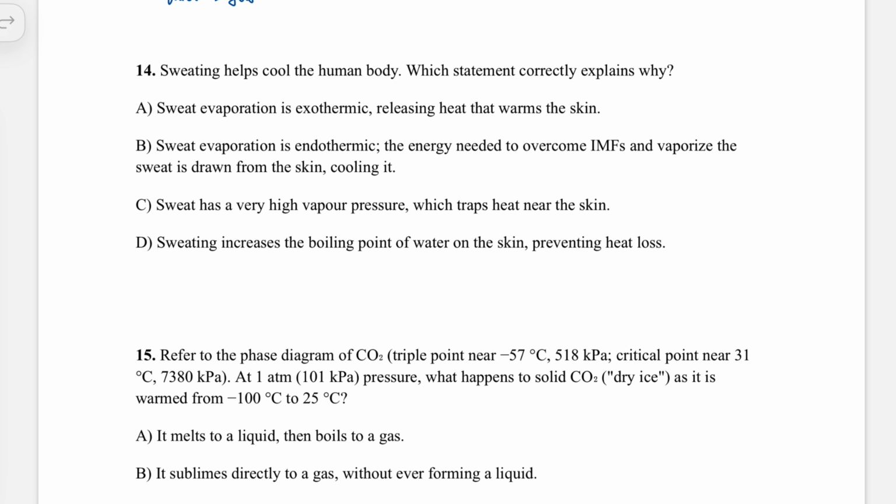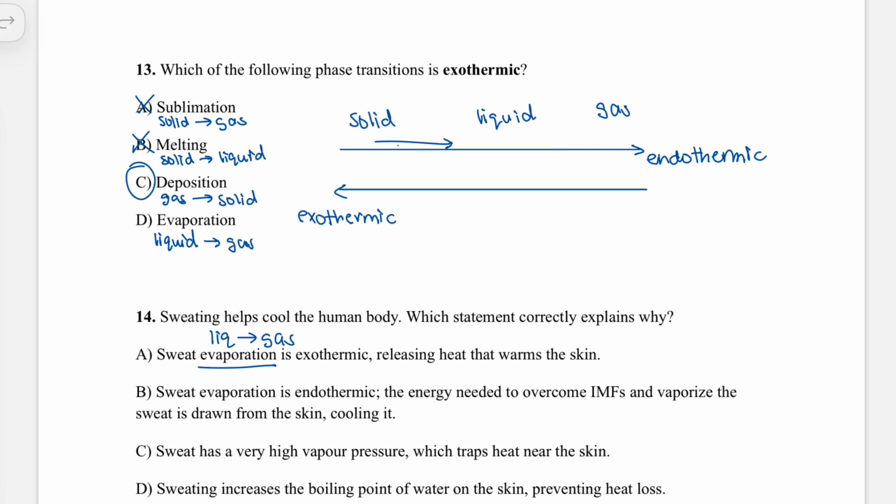Question 14. Sweating helps cool the human body. Which statement correctly explains why? A, sweat evaporation is exothermic, releasing heat that warms the skin. So let's look at evaporation. We just talked about this in the last question. Evaporation is liquid to gas. And as we said, when it moves this way, it becomes more gaseous, or less dense, I should say.